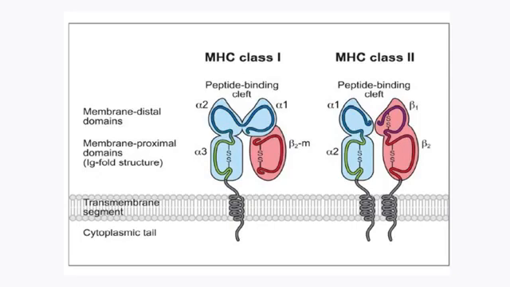Here, both the chains are encoded within the MHC molecule and are associated with each other non-covalently. Alpha 2 and beta 2 are the Ig-like molecules. Alpha 1 and beta 1 are the outermost domains.